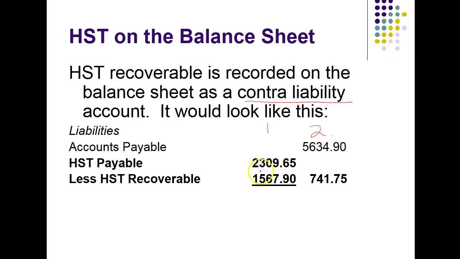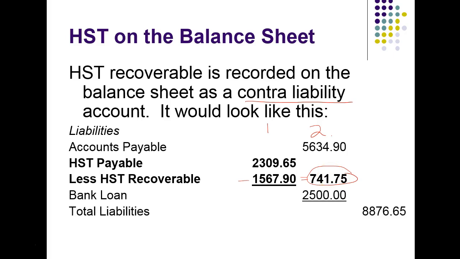So HST payable is $2,309 and HST recoverable is $1,567, and the difference is $741. And we're going to write that right beside that value in HST recoverable. So we're going to subtract these two numbers, it equals that, and we're going to write it here. So then our bank loan is added, and finally we calculate our total liabilities by adding all the amounts in column 2 and recording that answer in column 3.